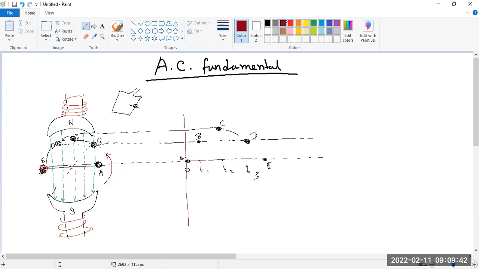And again it is at the point of E, so I am starting with another color. Again it is rotating, and after rotating it is coming to this position, that is the F position. In this terminal you can see the flux linkages are cutting near the south pole. So it is not positive, it will give you the negative terminal.